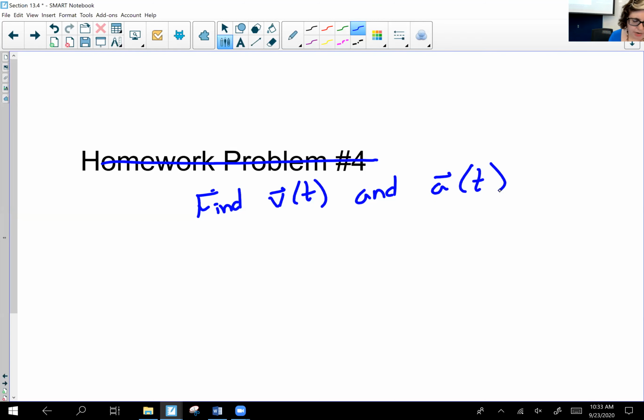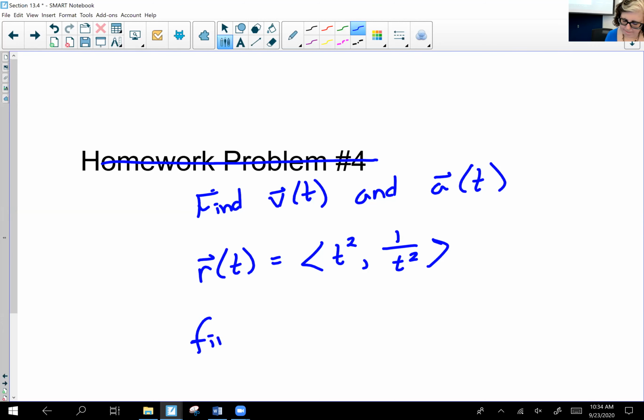We're given a position vector, and our position vector is t squared, 1 over t squared. And let's also find speed. We're going to check all of this out at t equals 1.